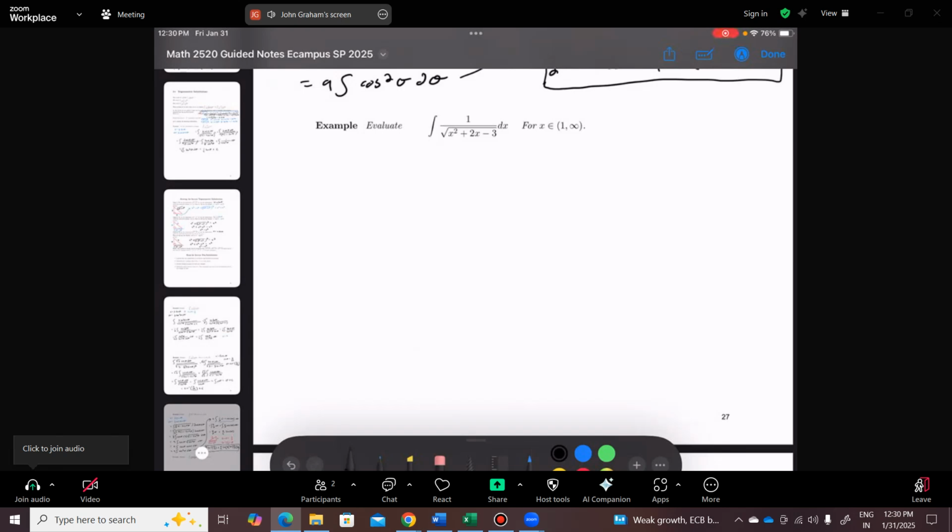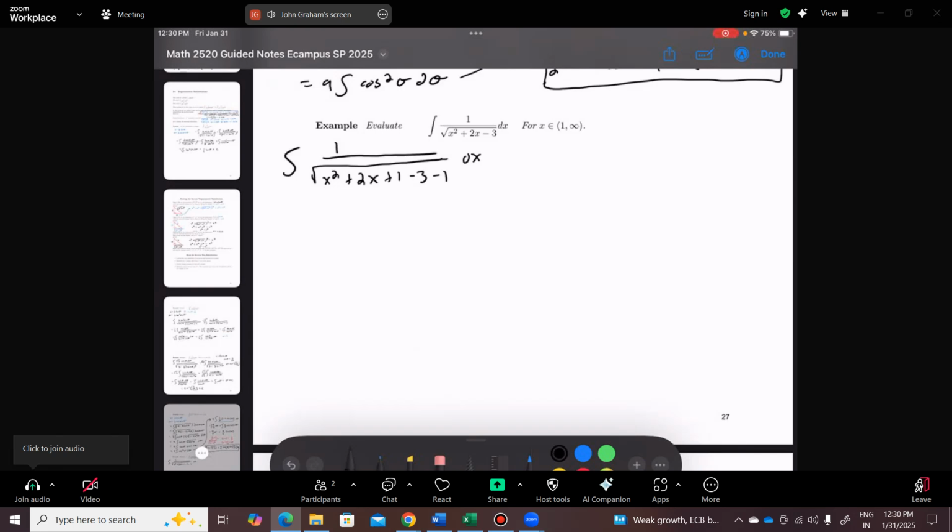So here, we're going to make a couple adjustments that may not make a whole lot of sense at the beginning, but there's a reason why we do this. So we'll make this x squared plus 2x plus 1. I'm basically completing the square, minus 3 and then minus 1, so I don't change anything inside there. dx.